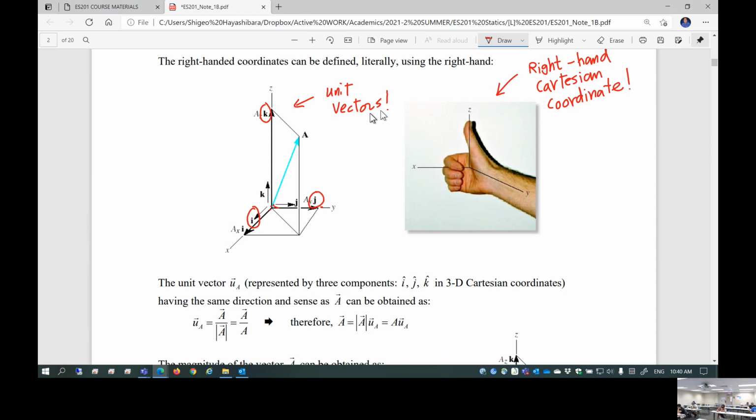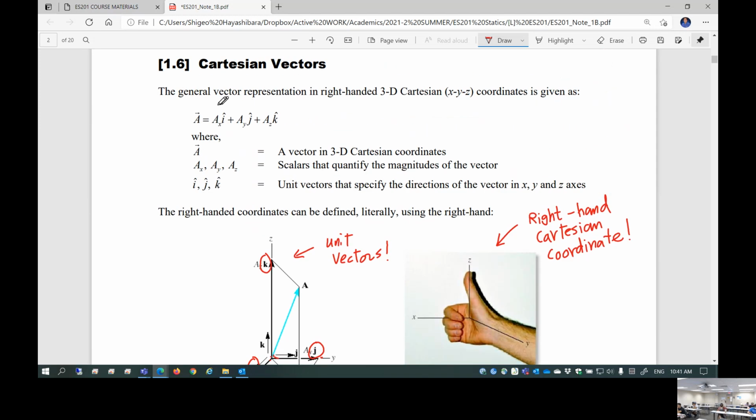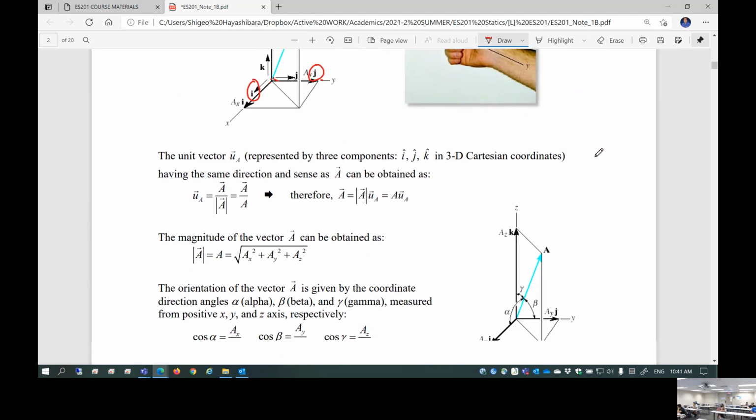So multiply the unit vector in x, y, and z direction, each with a magnitude of 1, by the magnitude of each component of A, and you get each one of those component vectors of A. So this is vector A broken down into three components in three directions. This is Cartesian vector notation. So this is a very humble beginning of it.